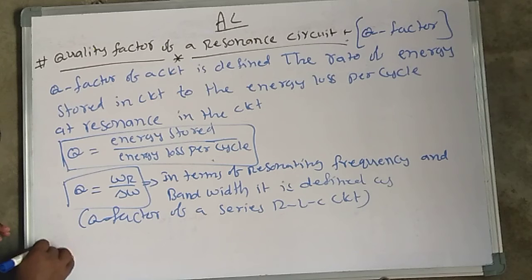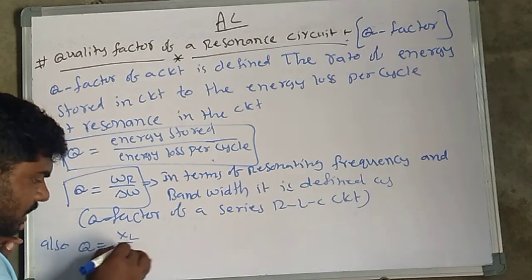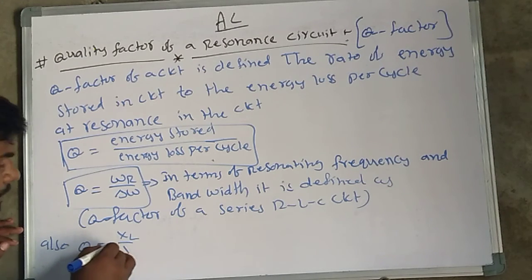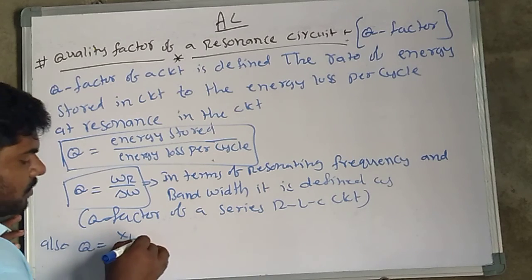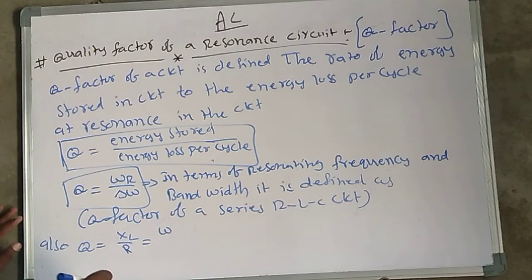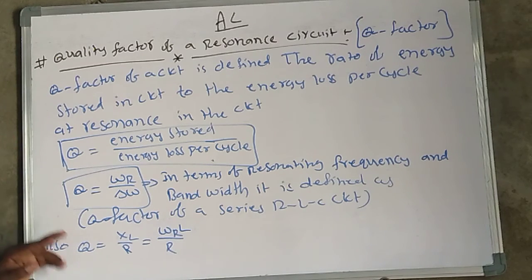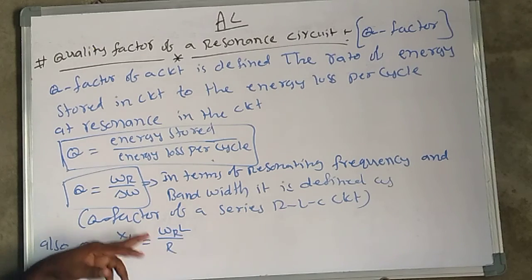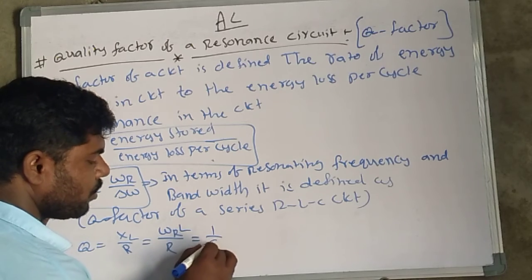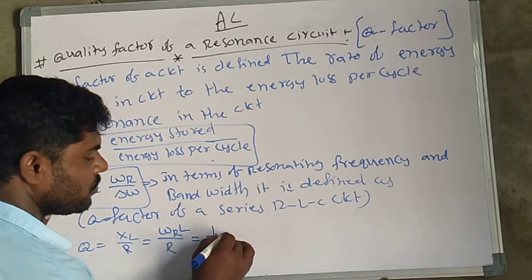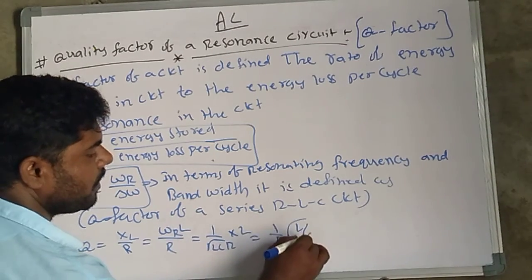Here the Q factor is equal to XL divided by the impedance, purely resistive, equal to R. That is omega r into L divided by R. The resonance frequency omega r is 1 by root LC, so Q is 1 by root LC into L by R, which equals 1 by R into root of L by C.